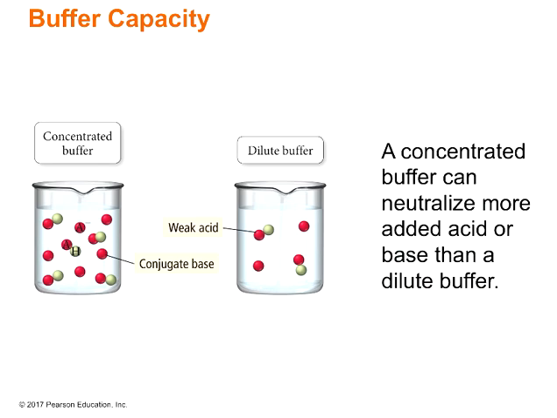And we're not going to run out of weak acid or base very quickly. But in the dilute buffer, we only have so many weak acid molecules and weak base molecules, so we're going to run out of those pretty quickly, and then we'll no longer be able to neutralize any added acid or base. So again, a concentrated buffer can neutralize more added acid or base than a dilute buffer.